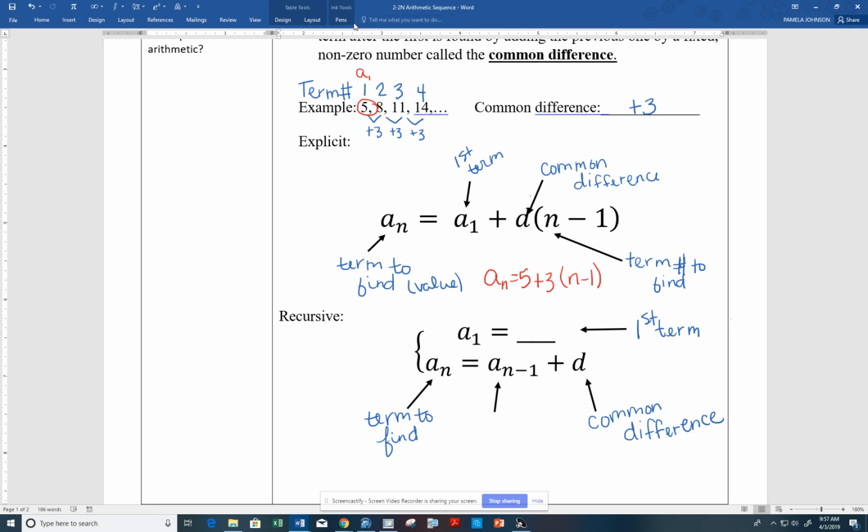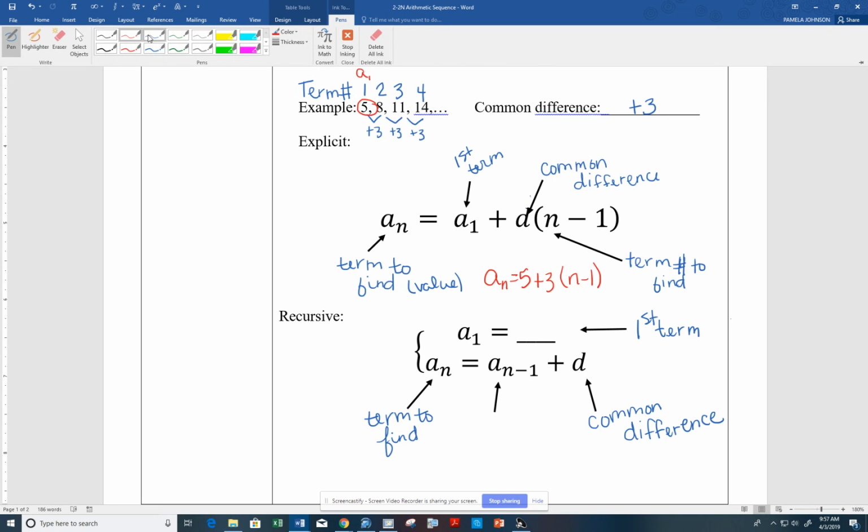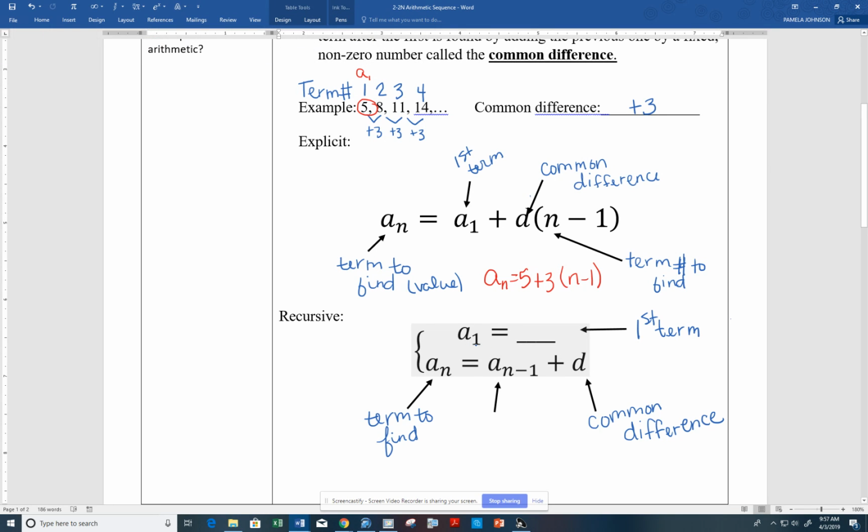Now, in a recursive formula, we set the first term differently. We just give you the basics in the recursive formula. The problem with the recursive formula is that you have to know the previous term to get the term you're looking for.